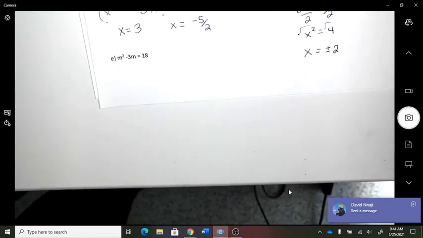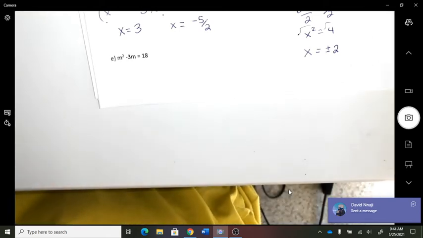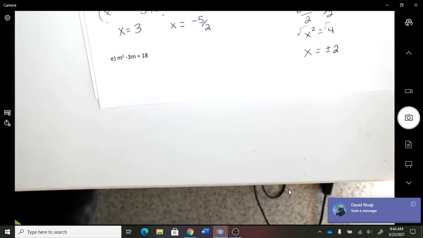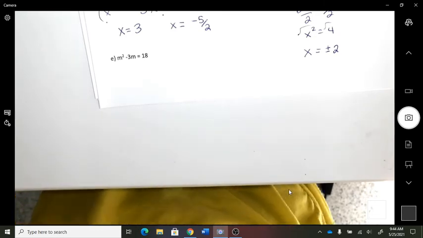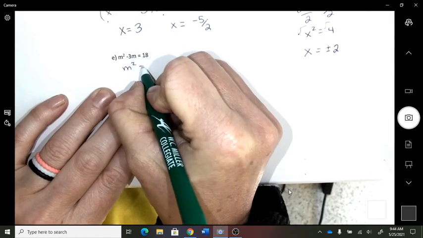Okay, so question E. Yep. Move the 18 because when you have quadratics, when you have a squared variable and a normal variable, you gotta have a 0 on one side.